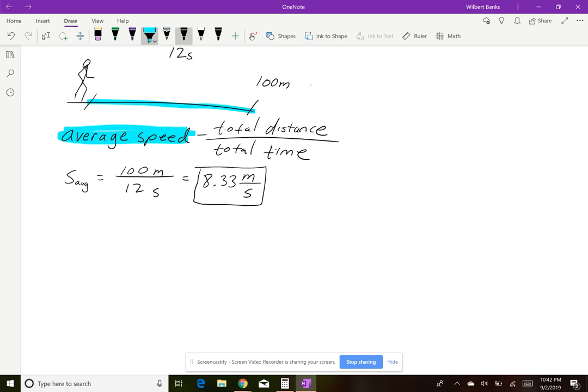And then there's another word that's important that we will use later, known as instantaneous speed. Instantaneous speed is the speed that you're moving right now at that moment.